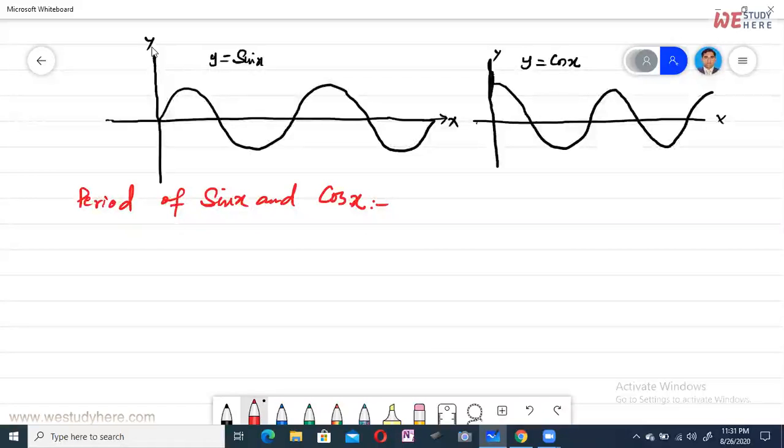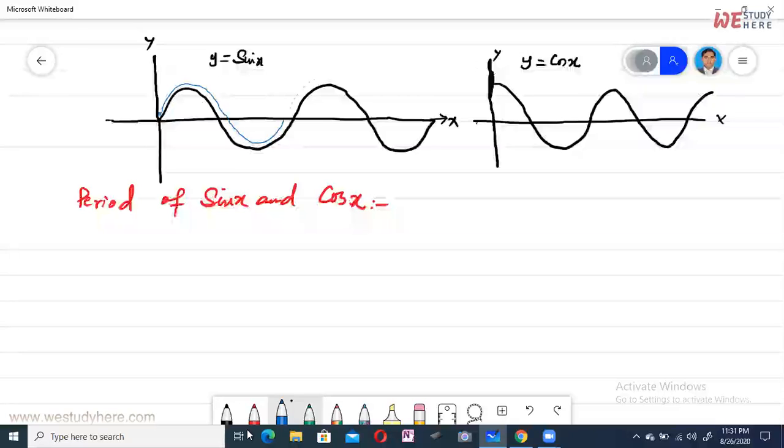The sine and cosine functions are called periodic functions because they repeat themselves over and over again. As you can see here, sine starts from here and goes up to this point. After that, again the same curve appears, starting from the x-axis.